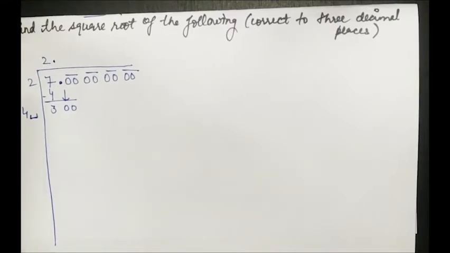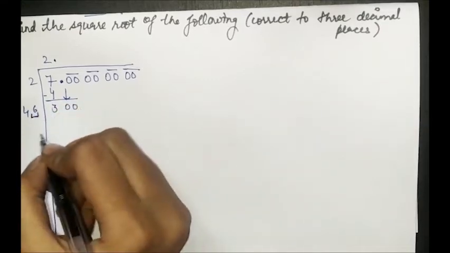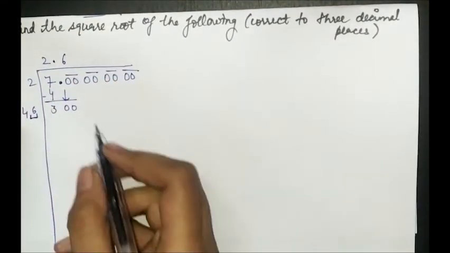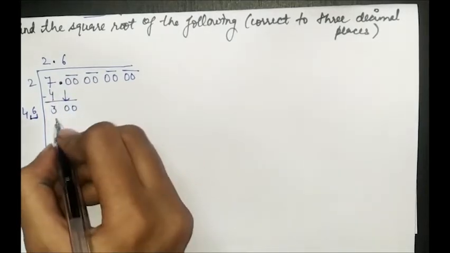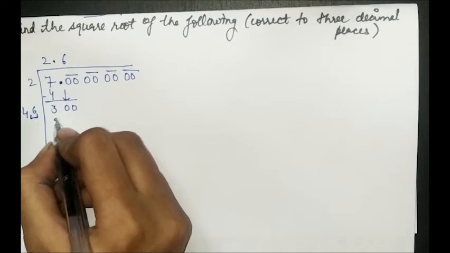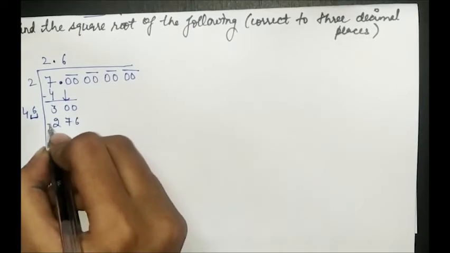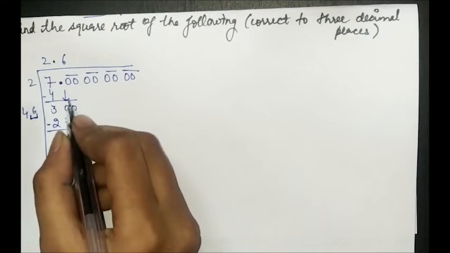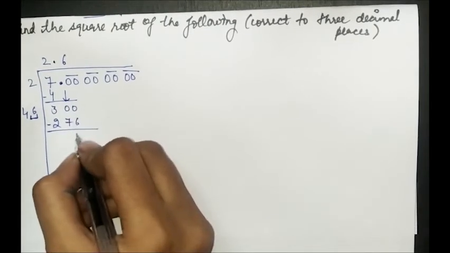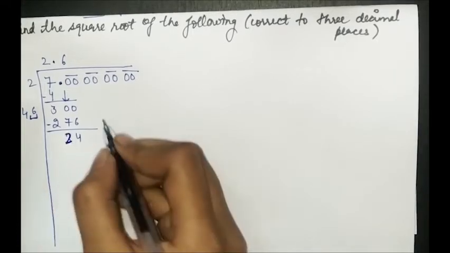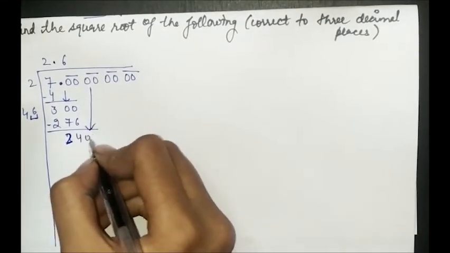I am just writing the answer only, like 6. So 46, and here we also write 6, so 46 into 6 is 276. Then subtraction, we get 24, and then we have to put 00 again.